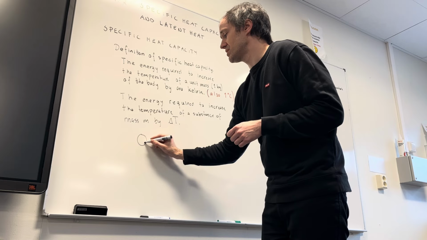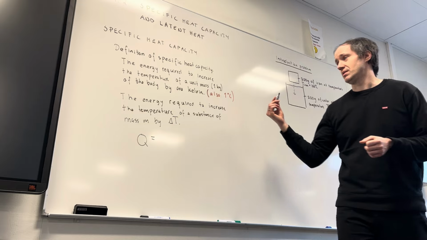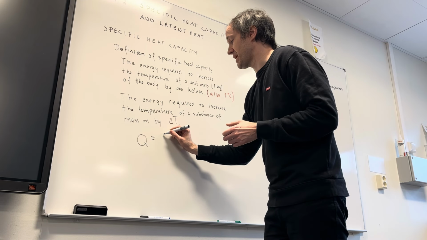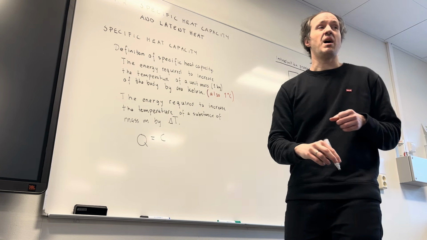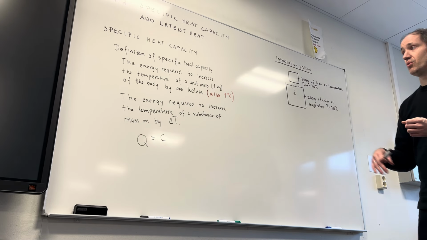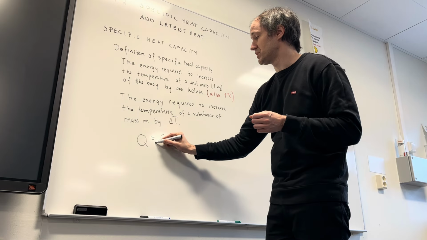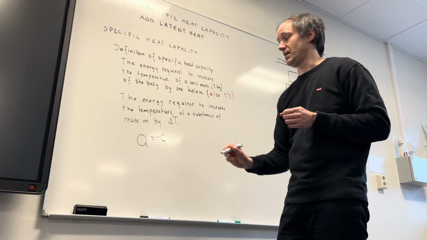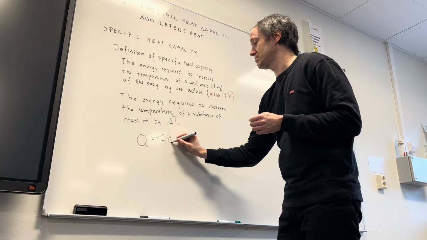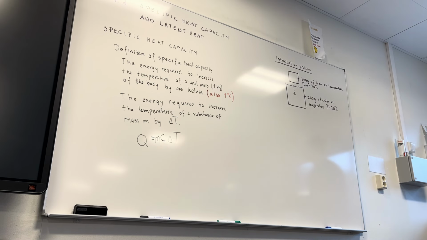The energy is written as Q. The specific heat capacity is the amount of energy required to increase the temperature of 1 kilogram by 1 Kelvin or 1 degree Celsius. So if I take the specific heat capacity and multiply with mass, and multiply it with the temperature change, I have the formula telling us how much energy is required.